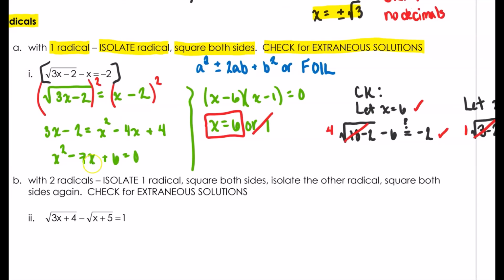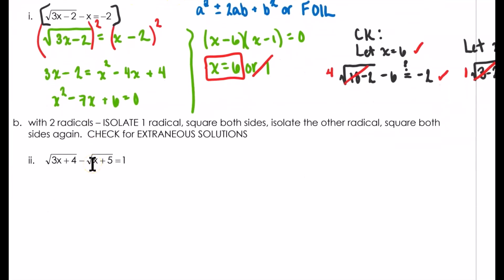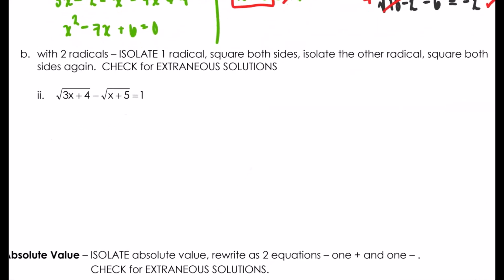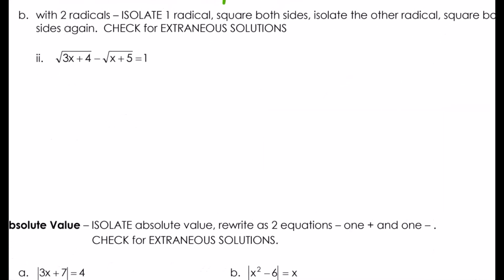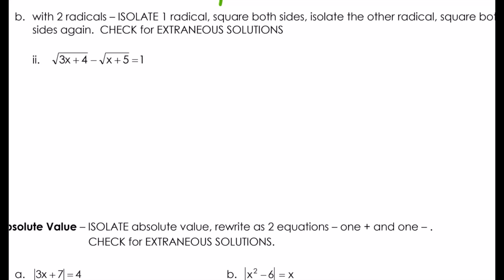Now, what happens when you have two radicals? If you have two radicals, the procedure is similar, but you have to do it twice. First, pick either radical and isolate it, square both sides, and simplify.